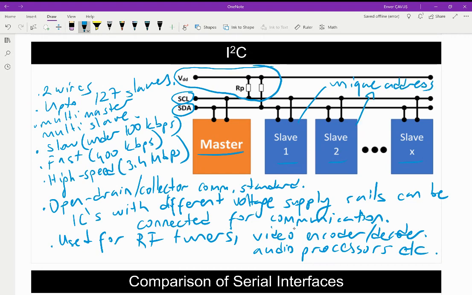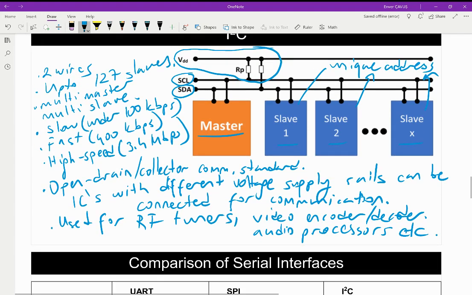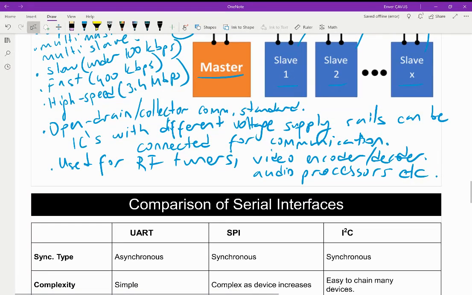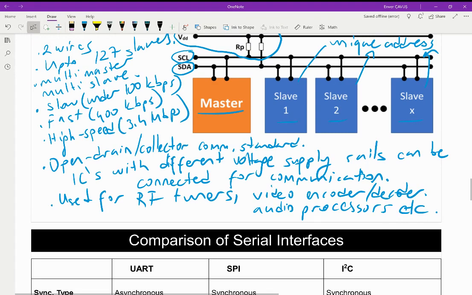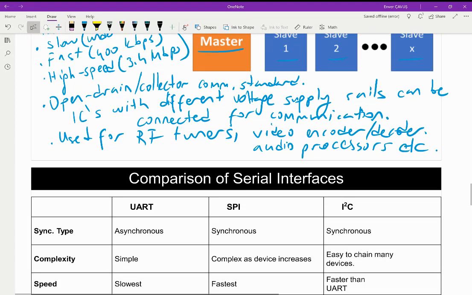So they will have unique addresses and you will be basically transmitting the bits to those unique addresses. So this is just a basic review of these interfaces. And if we have time at the end of the semester, we will be looking in more detail at these interfaces.